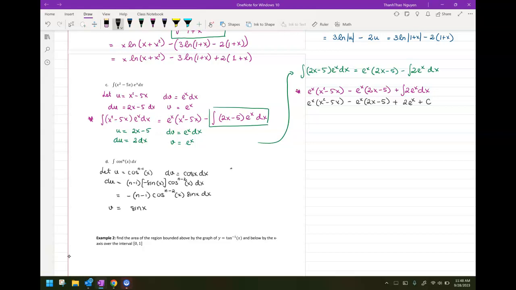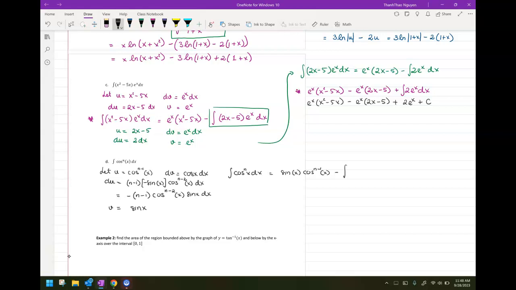So then the integral of cosine to the n of x dx is equal to u times v. So that will be sine of x times cosine to the n minus 1 of x minus the integral of v du.